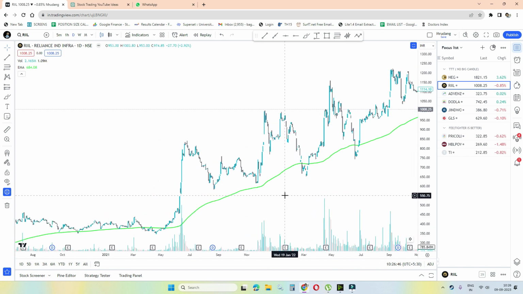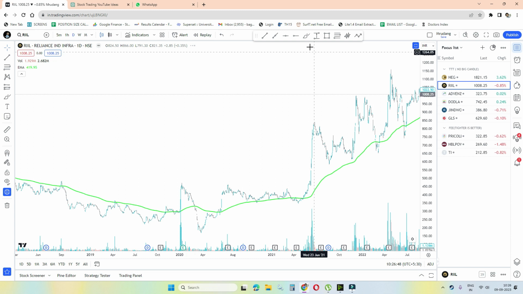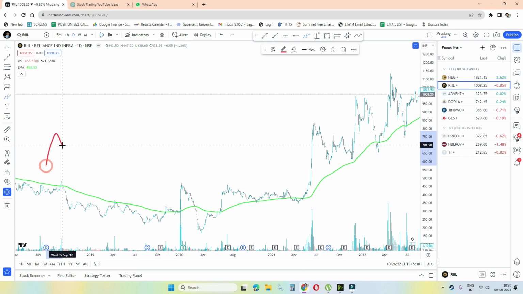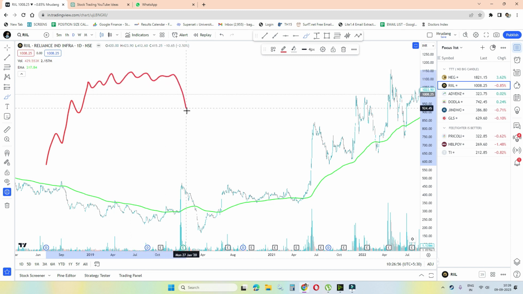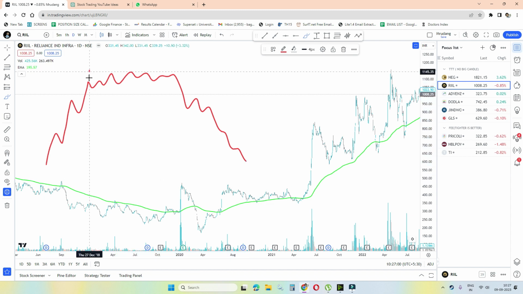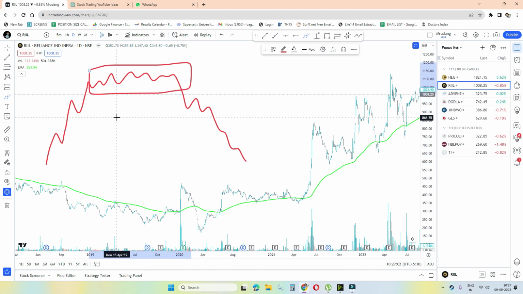As we know, there are 3 types of market trend: an uptrending market, a sideways market, and a downtrending market. In this type of environment, moving averages are pretty much useless. They are not useful at all.